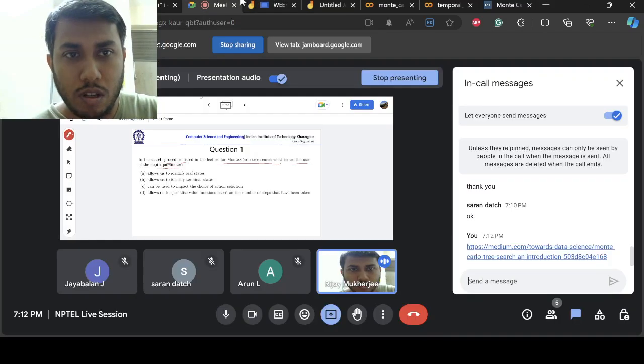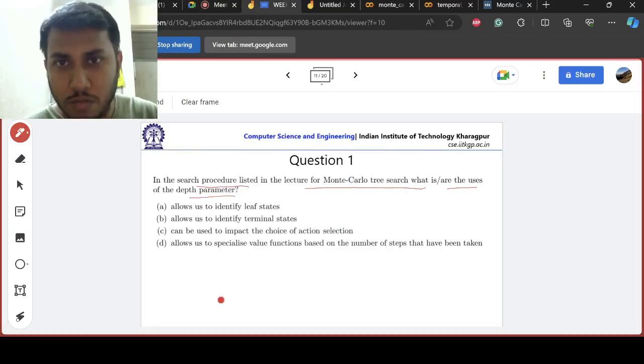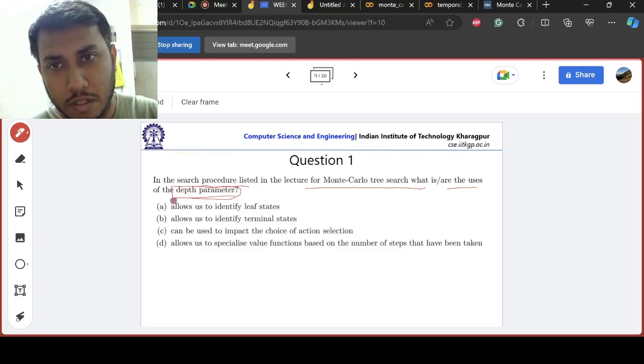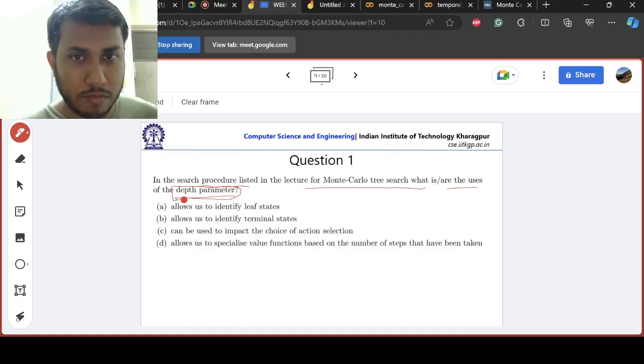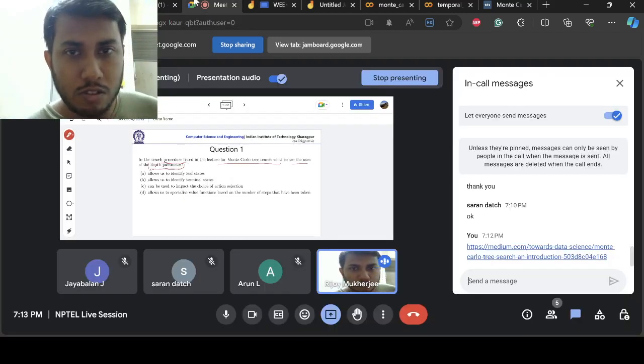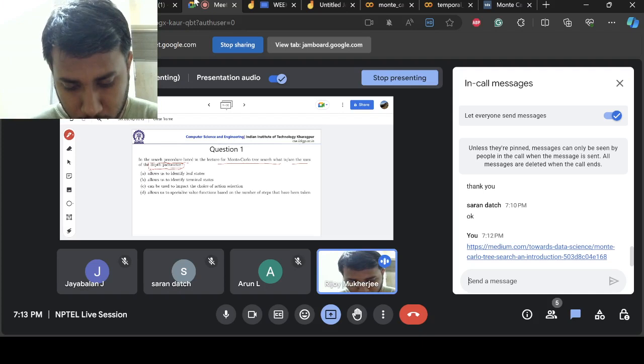Okay, so what will be the answer? Why are you using the depth parameter? The depth parameter is used for a few reasons.